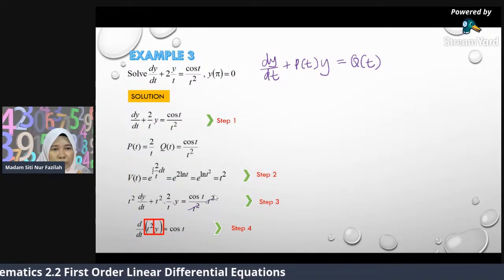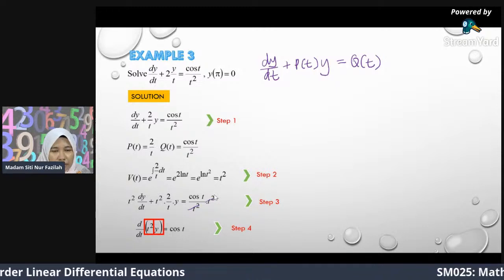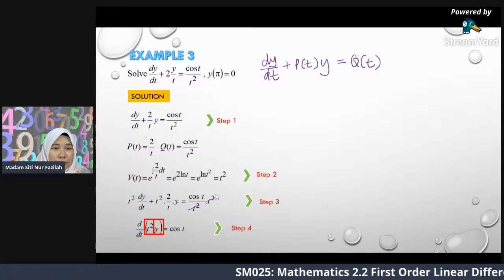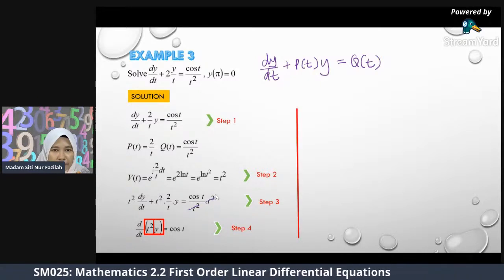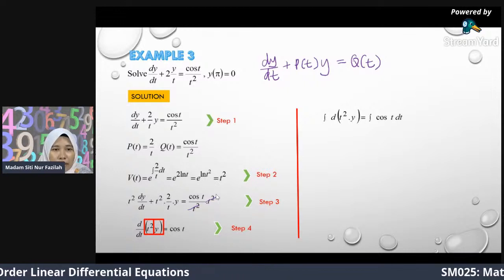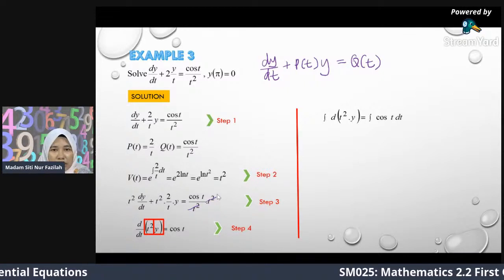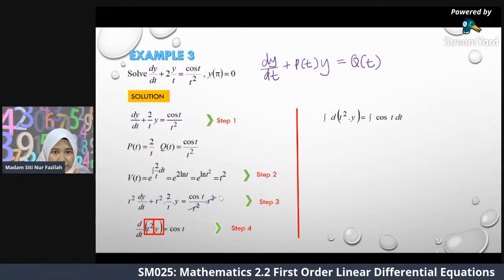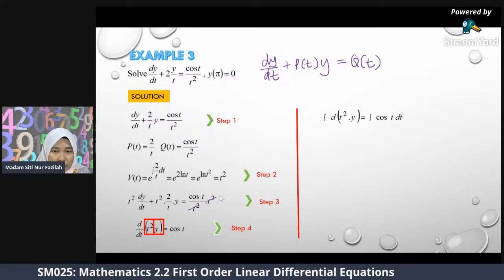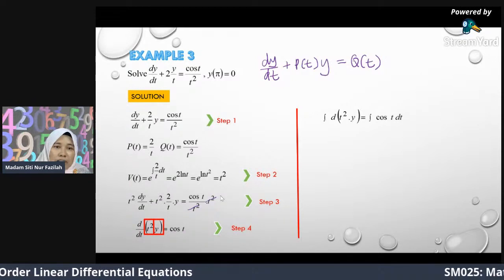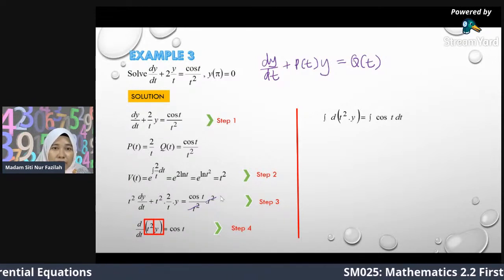To go to step 5, we multiply with dt on both sides. Don't forget to multiply with dt on both sides. And then we integrate both sides. Integrate d of t square y equal to integrate cos t dt. Integrating the left side, we get t square y.